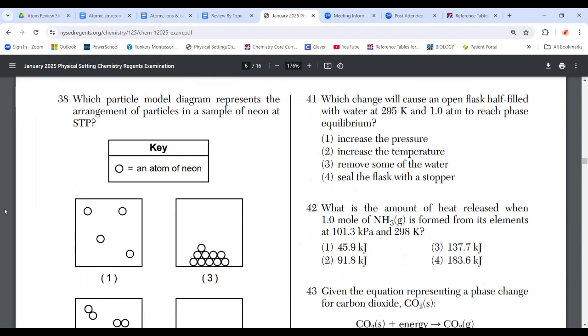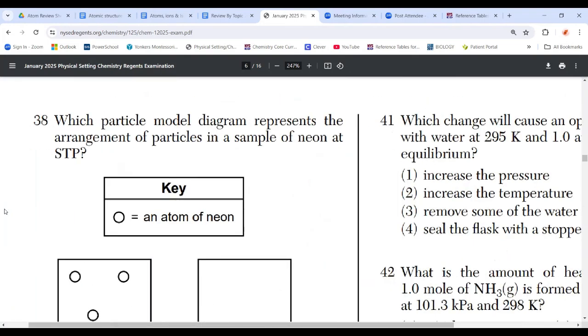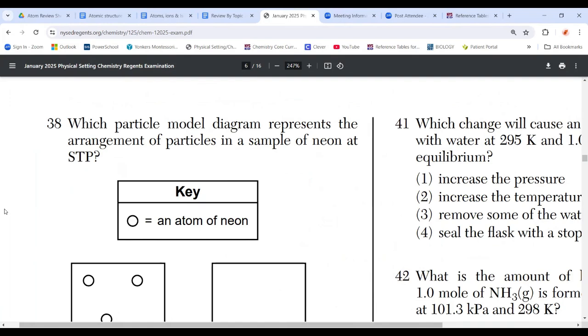These are particle models, and you tend to get really confused by them. But before we even start looking at the pictures, let's talk about what element. This is one of those times where the element and the STP is actually relevant for a change. It is neon, and we're at standard temperature and pressure.